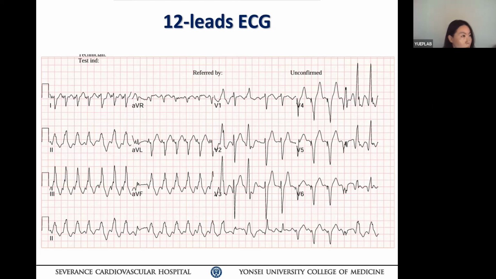Yes, I almost agree. I can also see in V4, V5 and V6 there is a little pacing blip, so maybe those three beats are the paced rhythm, likely not conduction system pacing but ventricular pacing. The other beats are regular wide QRS tachycardia. In the aVR lead, the initial Q width is more than about 80 or 100 milliseconds, so it looks like VT.